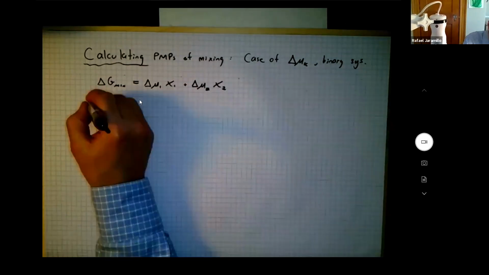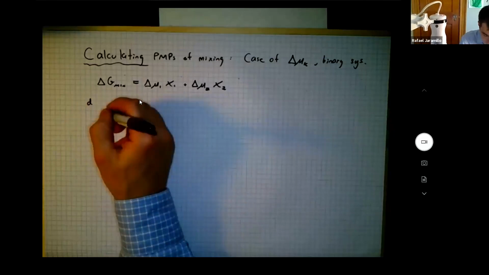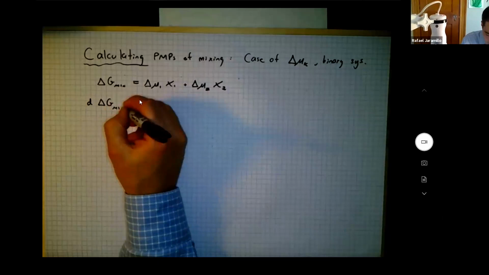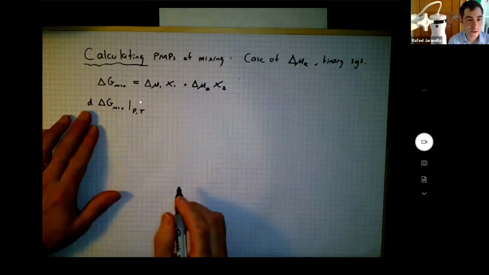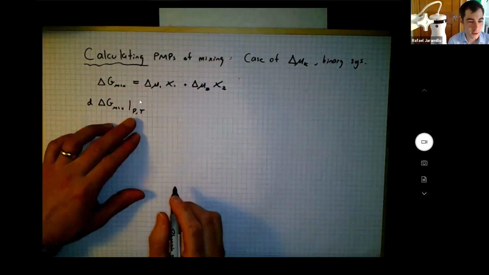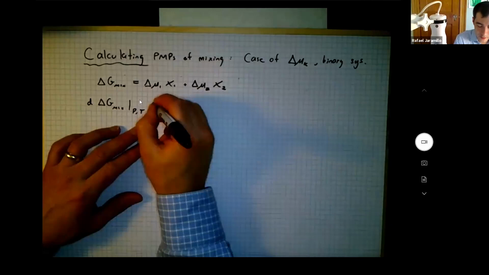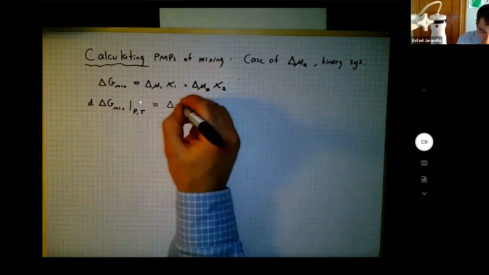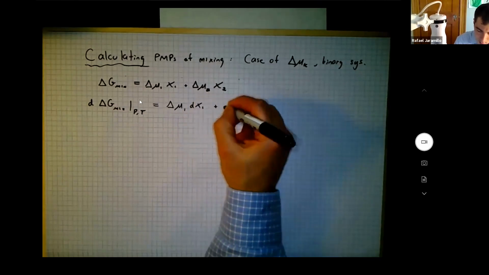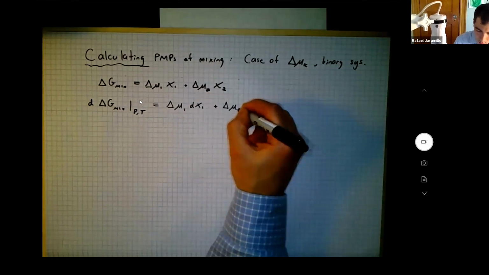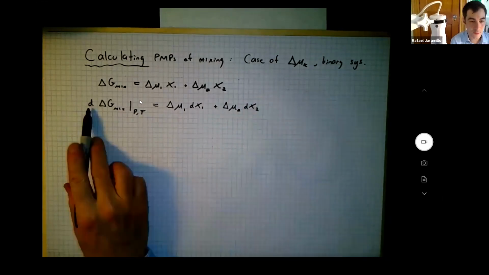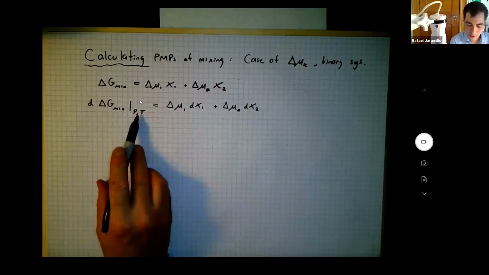And here you really have to know your D's of thermodynamics: the change of the Gibbs free energy of mixing at fixed pressure and temperature as the system composition varies.